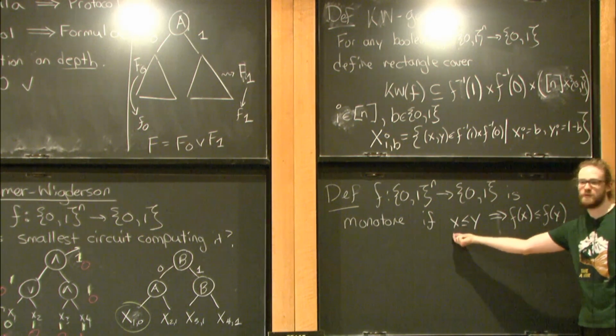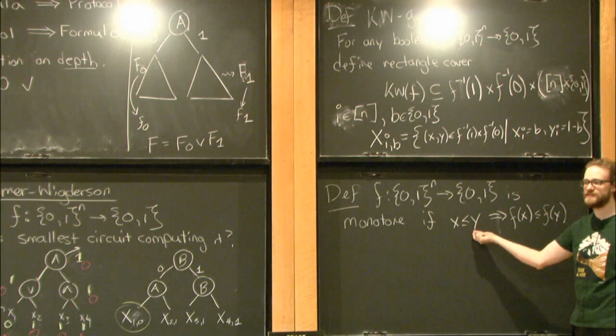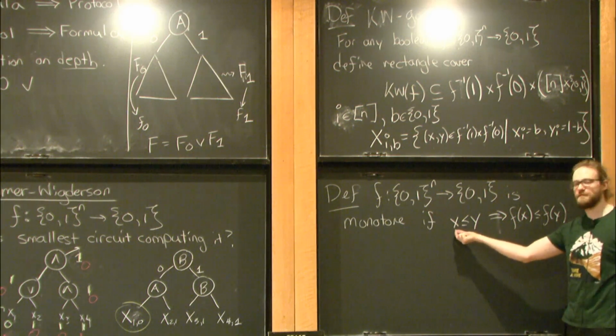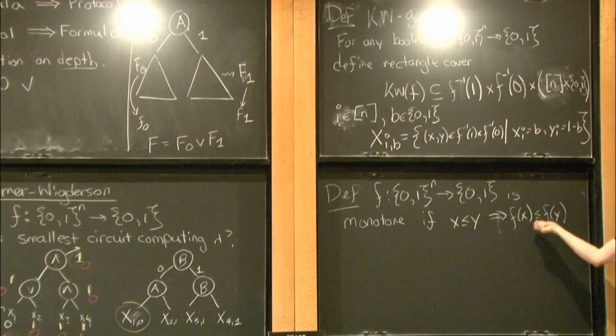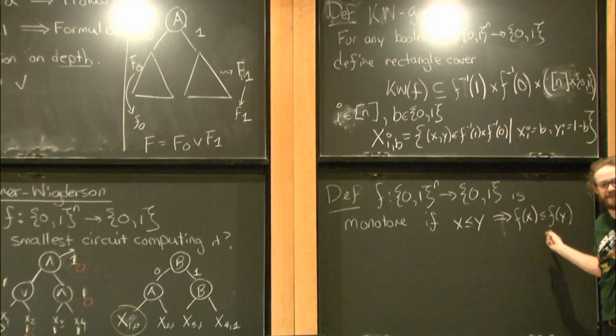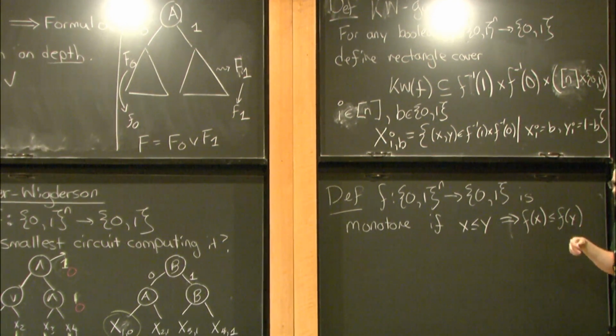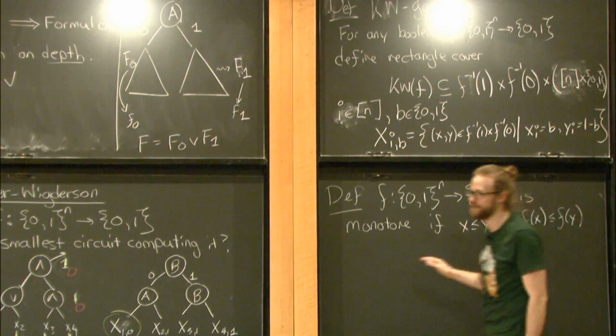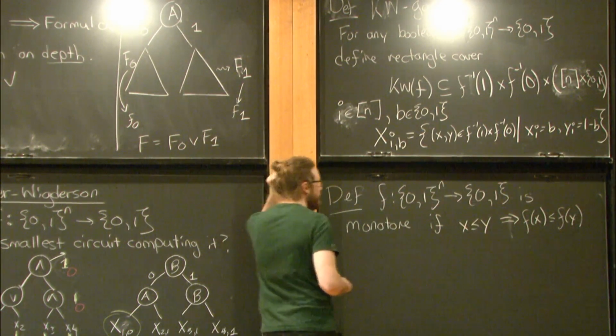It just means bitwise: every element of the first string is less than or equal to the element of the second string. In other words, flipping a bit from 0 to 1 cannot make the function flip from 1 to 0. And many natural Boolean functions are monotone: clique, ST connectivity, majority, lots and lots of the functions that we normally consider are monotone.